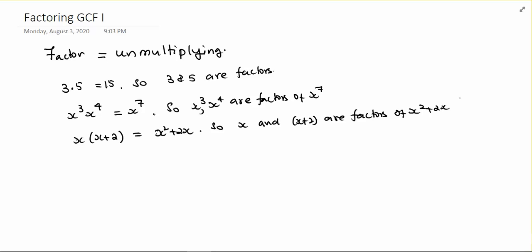So in the next few lectures and sections we'll explore how to find these factors. But we'll start off with the simplest kind of factoring, called the greatest common factor, GCF.